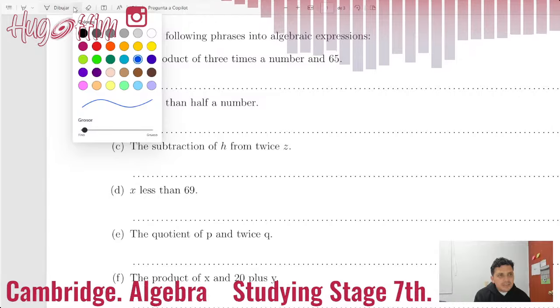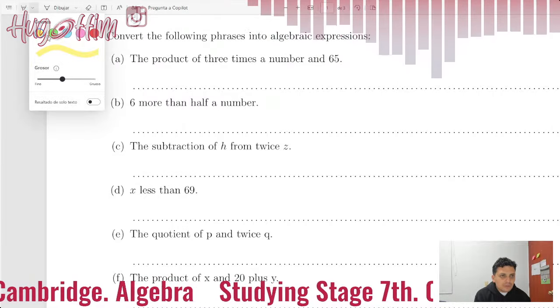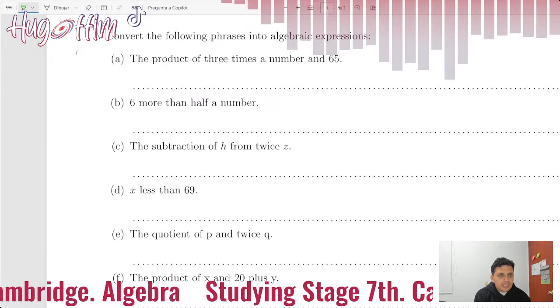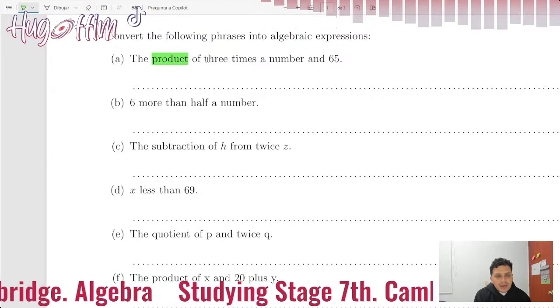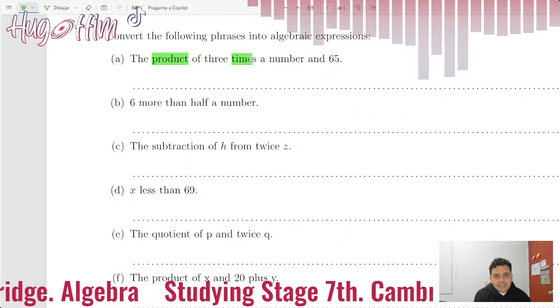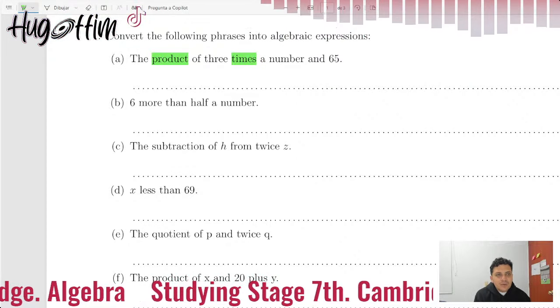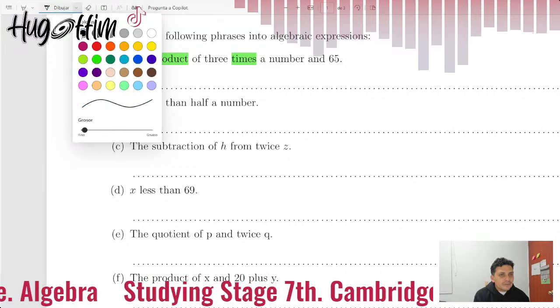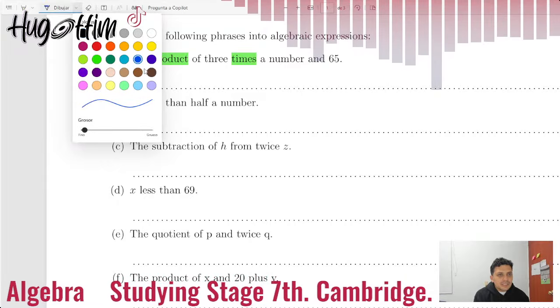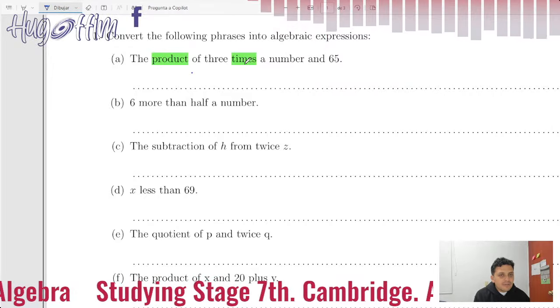How do you identify those keywords? This is something that you must read. For example, here one keyword is product and another keyword is times. These are keywords that tell you that there's an operation there. Anytime you see these keywords, it means that you have operations.